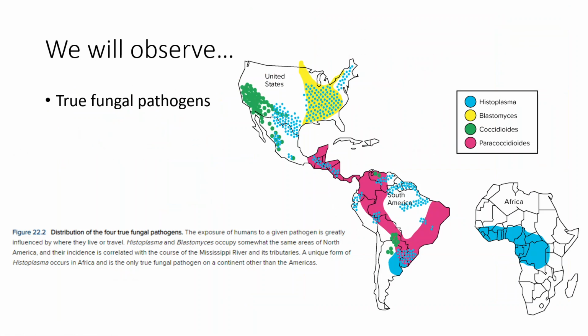And so this is going to be kind of an outline for the true fungal pathogens that we're going to look at first, okay? And so we're going to look at histoplasma, blastomyces, coccidioides, paracoccidioides. Okay, and these occur basically everywhere.